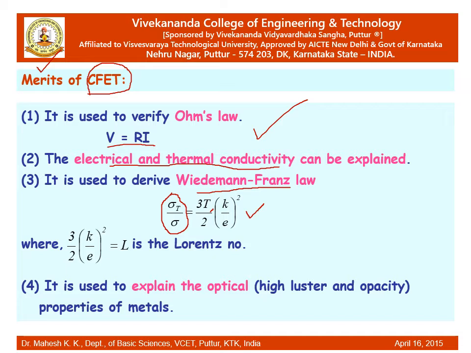Okay, so that means except T, which mainly depends on the temperature, because we have learned that the resistivity is depending on temperature. That's all you could see here, because other things are constant, because 3 and 2 are numbers anyway, k is the Boltzmann constant, and e is the charge. So all those things are constant. If you take all those things constant together, you could define another letter, that is L, which is nothing but the Lorentz number.